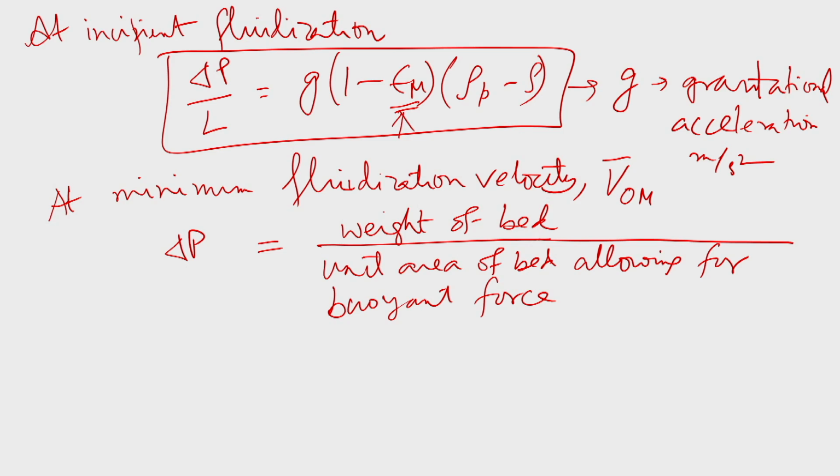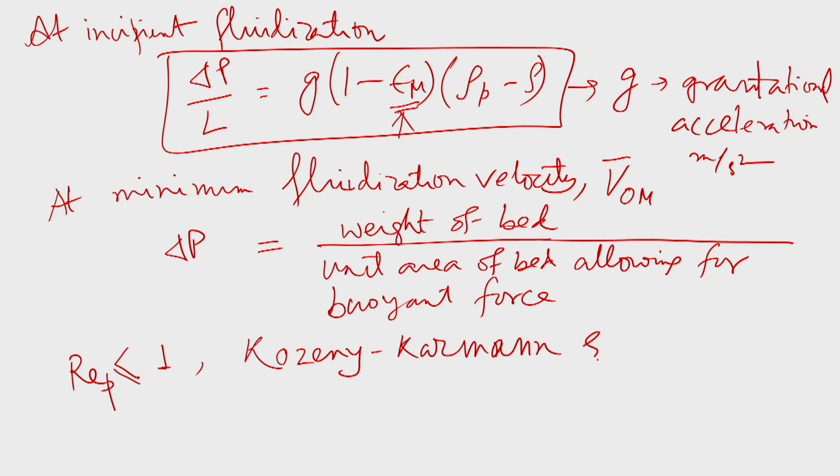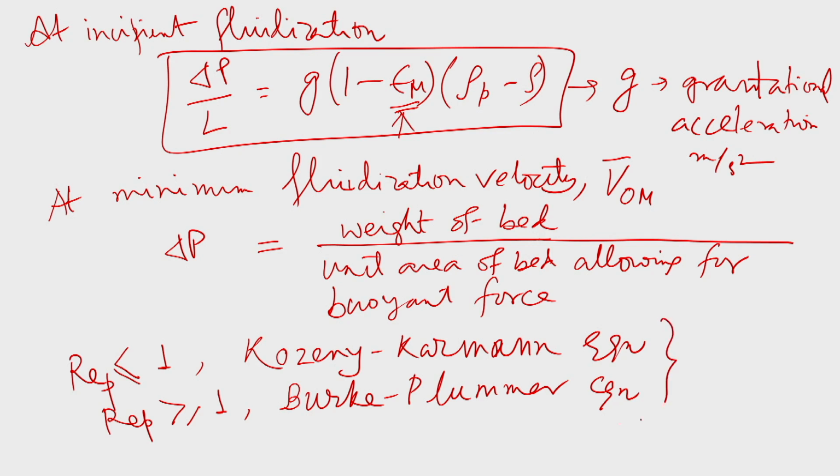Then, whatever the Ergun equation we have, the first part is valid when the particle Reynolds number is less than or equal to 1, that is the Kozeny-Carman equation. When the particle Reynolds number is greater than 1, the Burke-Plummer equation will be valid.